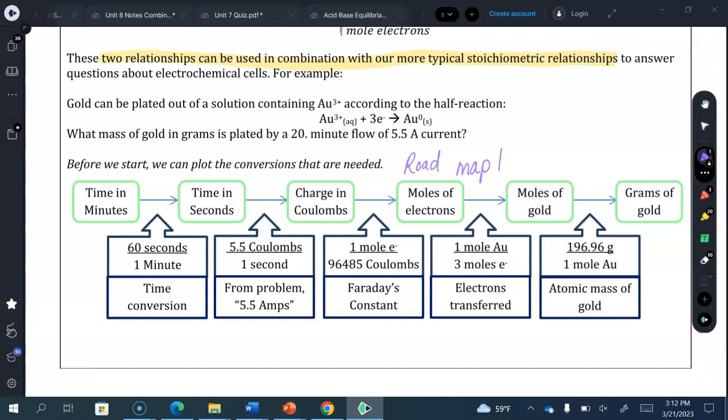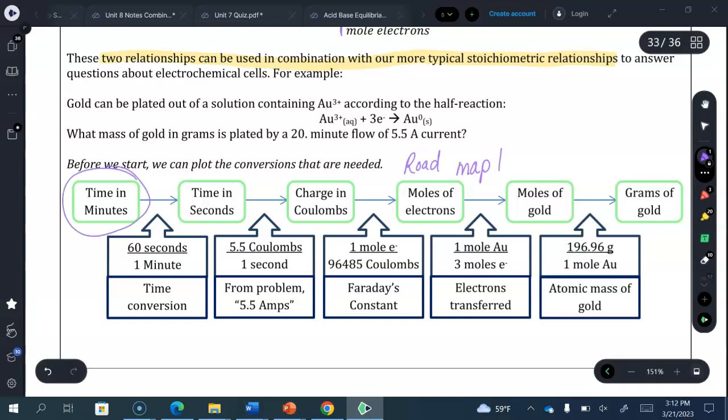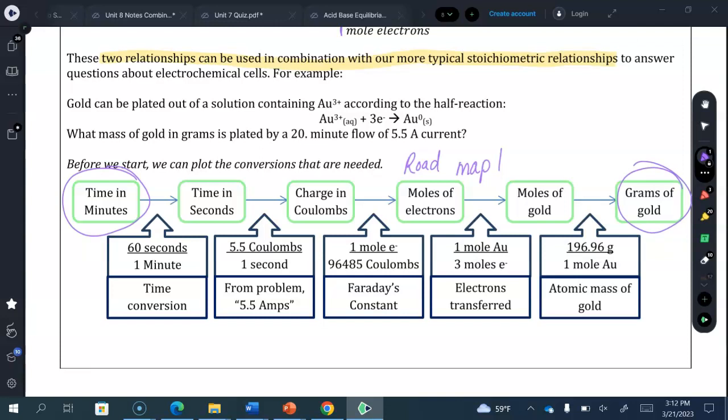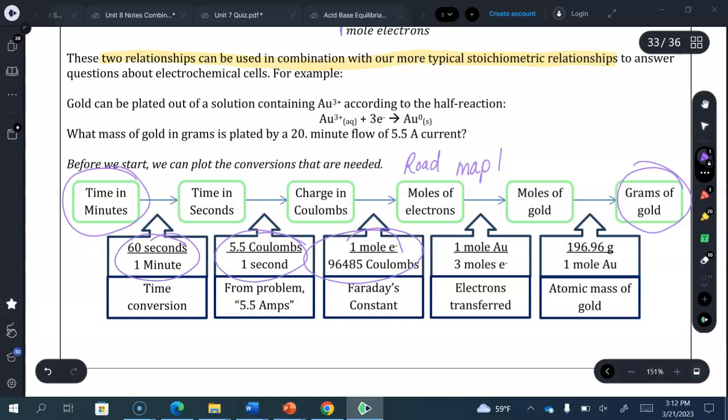We were given 20 minutes, so time, and then we were asked to find the grams of gold that are going to be plated. We connect all of these by conversion factors to change from one unit to the next.